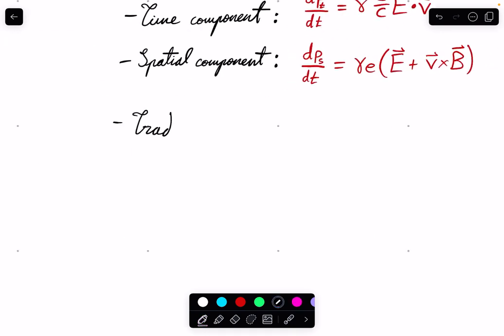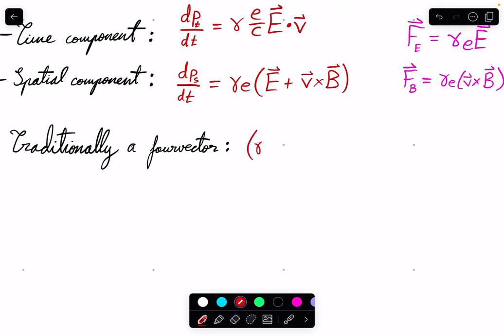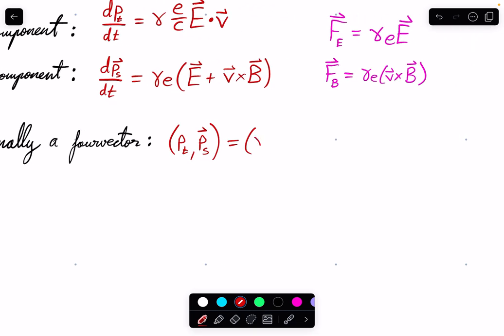Traditionally, I could write a relativistic 4-vector, where you'd have P_T, P_S, this is a vector, equals gamma q E over c, E dot v, gamma q, E plus v cross B.